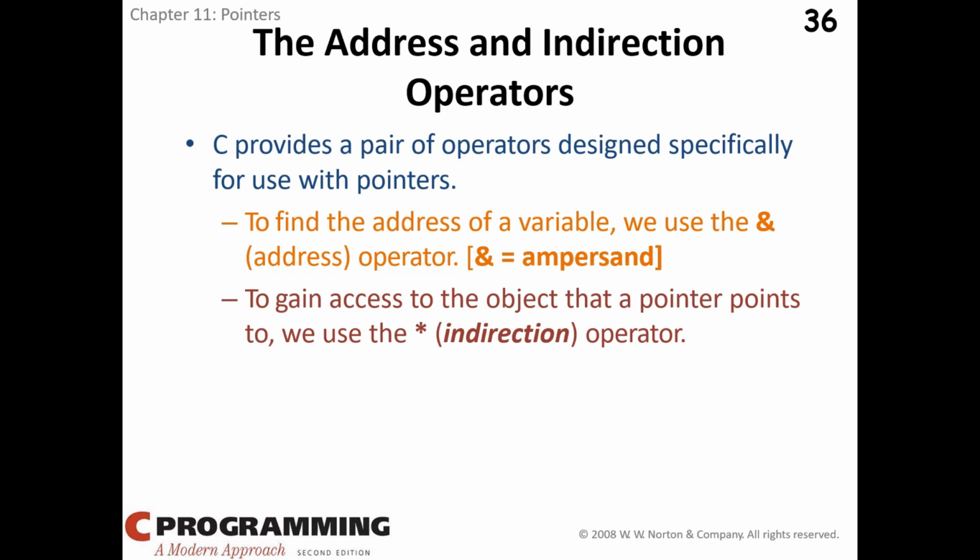Secondly, to access the value stored at the memory location pointed to by a pointer variable, we use the asterisk operator, also known as the indirection operator. This operator, represented by the asterisk symbol, enables us to dereference a pointer and retrieve the value it points to. By using the address and indirection operators, we can effectively manipulate memory addresses and access the data stored at those addresses using pointers in C.